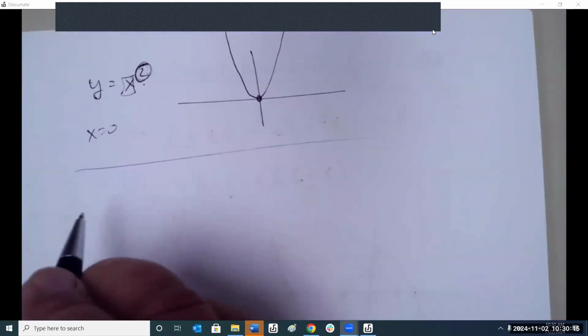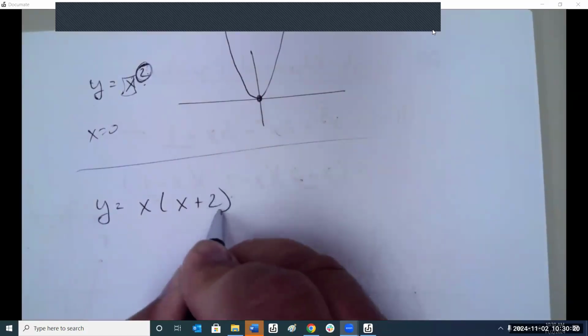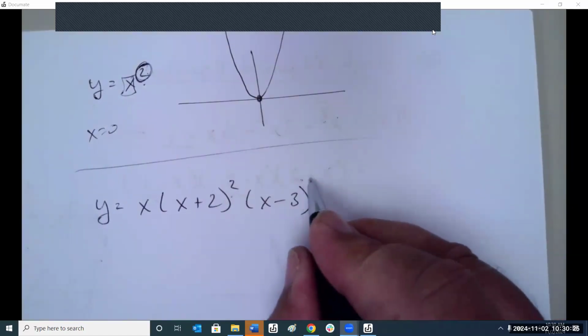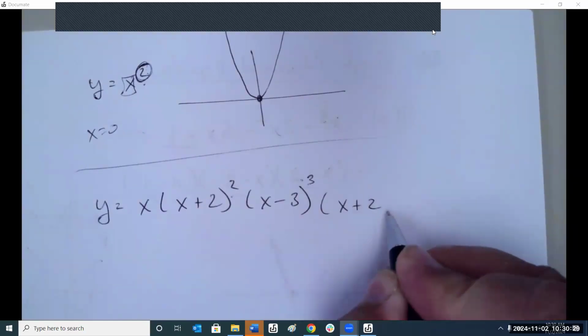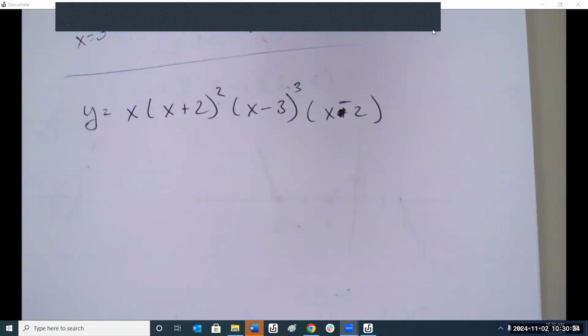So what this is saying, let's sketch this graph, because now we're putting a lot of this stuff we talked about today together.